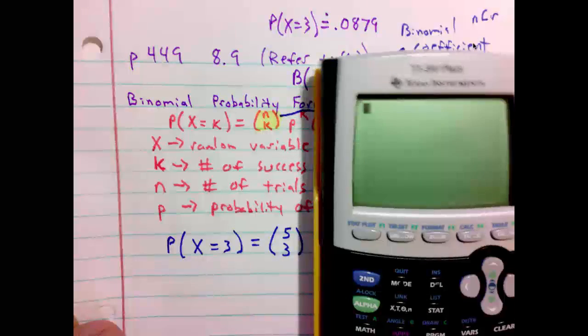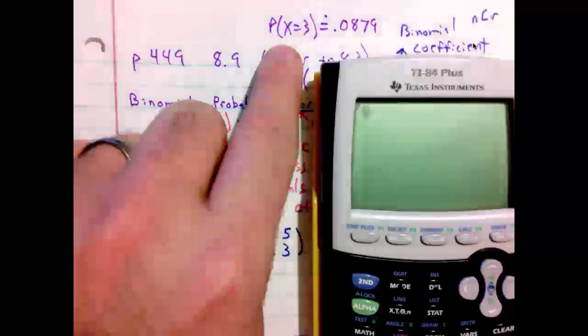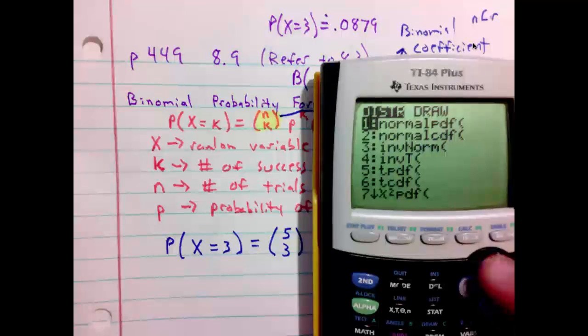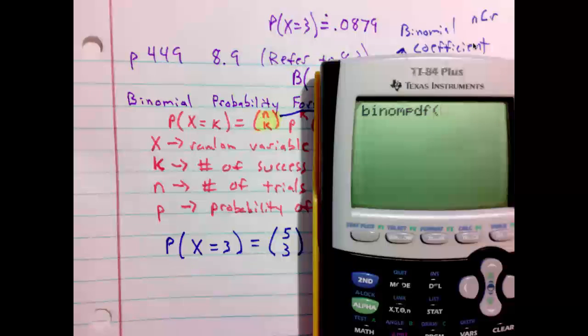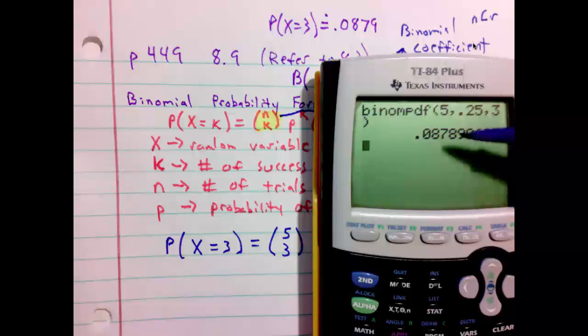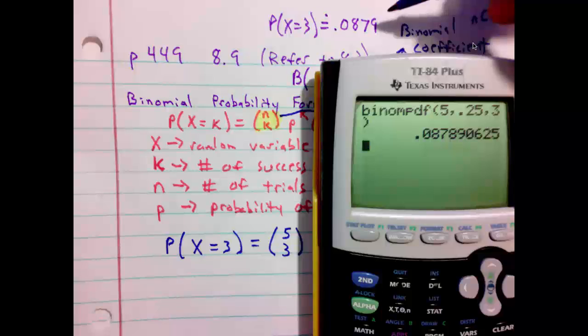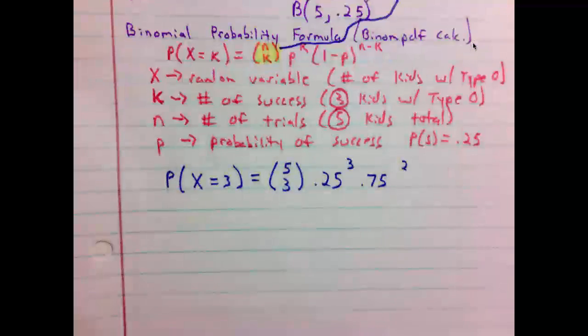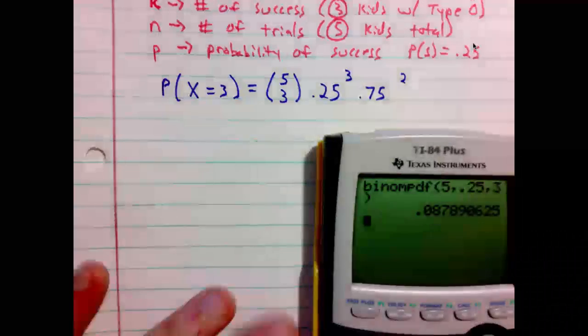So let's verify this using binomPDF, second vars, binomPDF. We have 5 total, probability of success a fourth, we want 3. 0.0879 roughly. Now we want to see whether this formula will yield the same 0.0879.